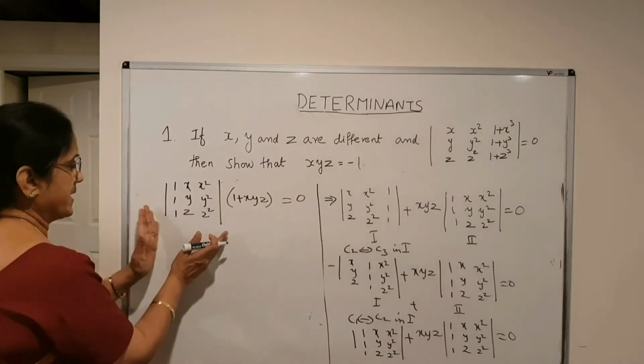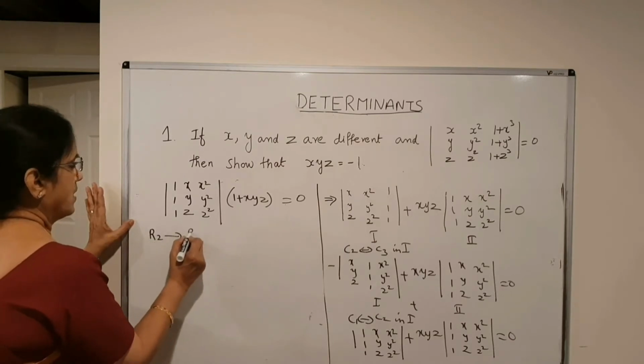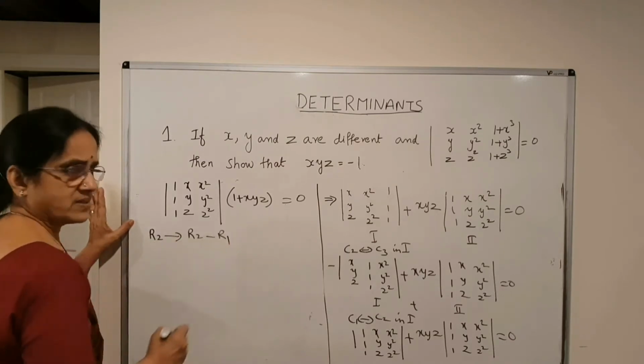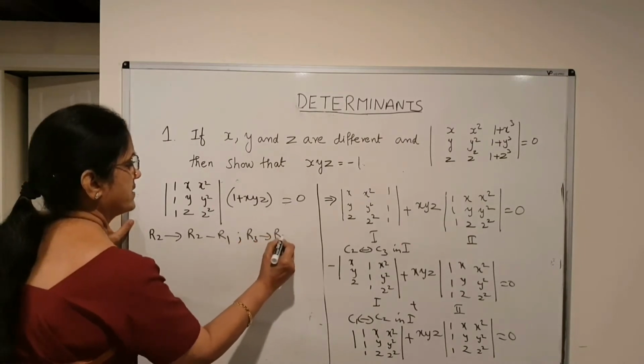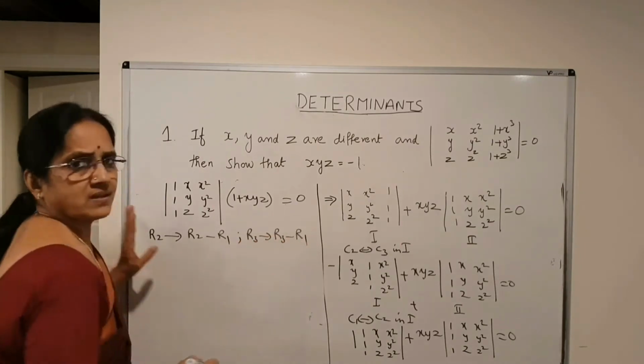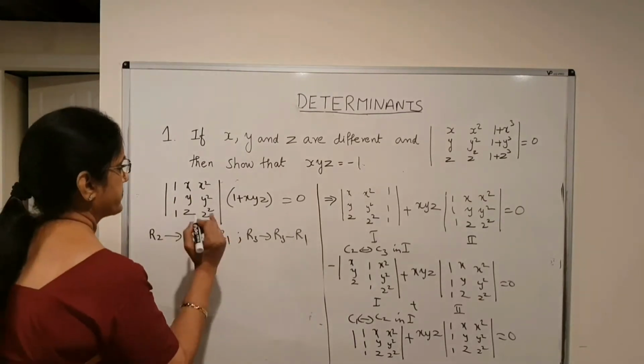Here in this determinant, I am going to write R2 as R2 minus R1 and R3 as R3 minus R1. I am going to make these two changes here.